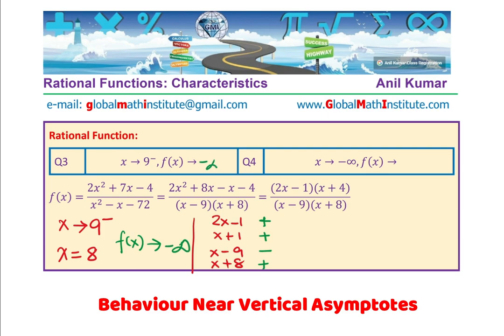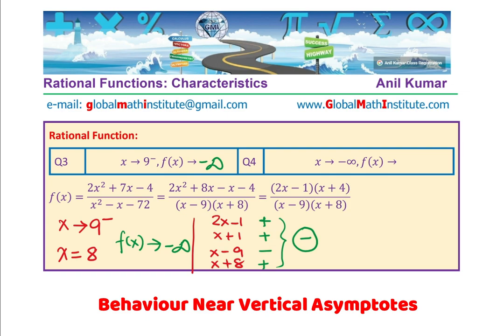So we can write this negative infinity simply because when you multiply an odd number of negatives, we'll definitely get negative only, right? So it is going towards the negative infinity side. Does it make sense to you? Perfect. So that is how we will answer these questions.